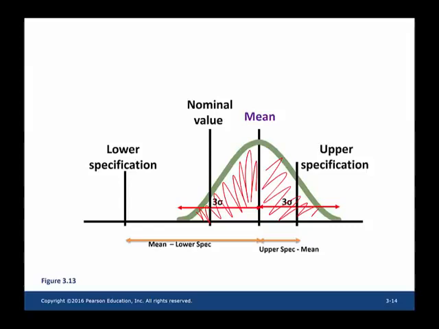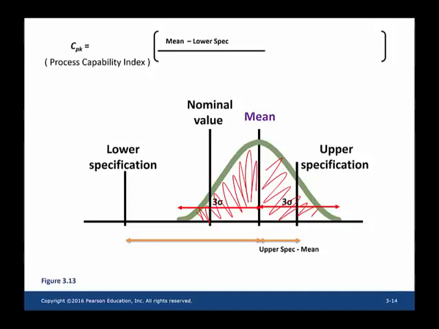So in this case, we will compare one design width, right, to the left of the mean, in this case 3 sigma, and the other design width with the 3 sigma distance to the right of the mean. If either one of the ratios is less than 1, right, you know the process is not capable. So to ensure that, we simply take the minimum of these two ratios. And that is the formula for process capability index.